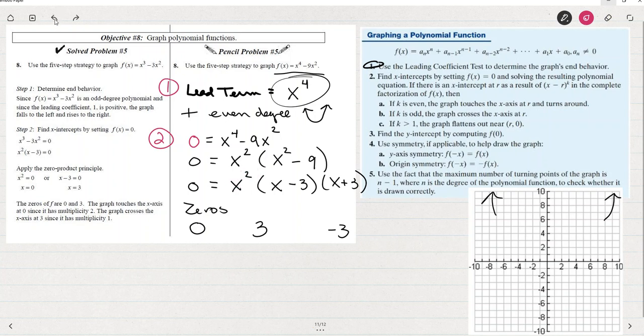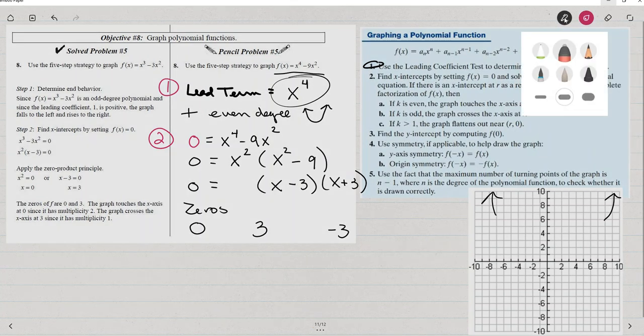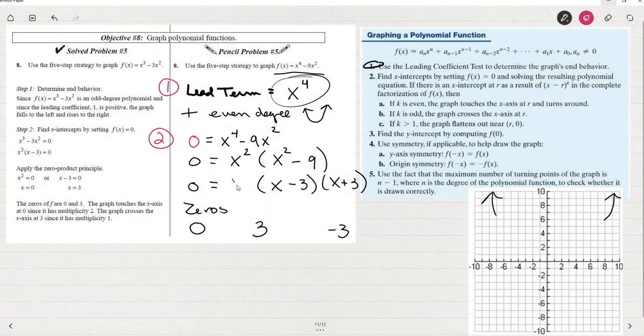as an x times x. Right? X squared is x times x. So I'd see that this 0 would have been repeated. So what that tells me is that we've got multiplicity 2, so this 0 twice.